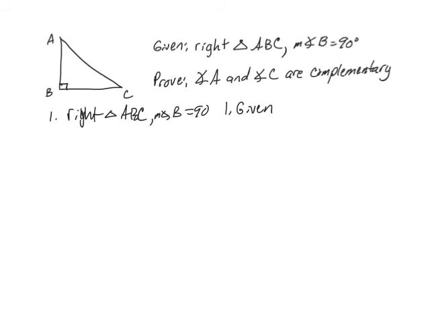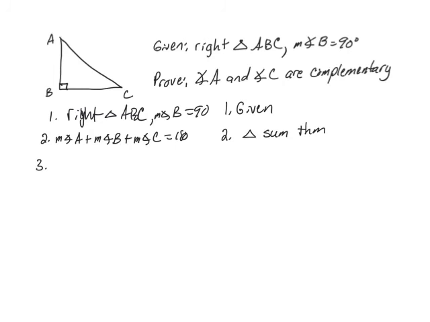Okay. So what we know from the triangle sum theorem is the measure of angle A plus the measure of angle B plus the measure of angle C is 180. So that's the triangle sum theorem. That's how you can abbreviate it. But we also know that the measure of angle B is 90.